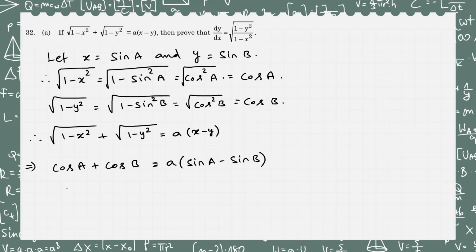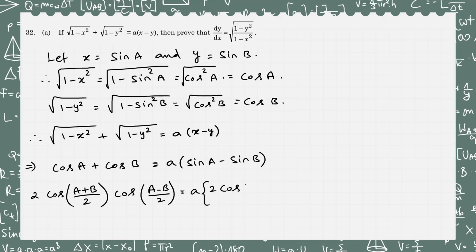So cos A plus cos B will be 2 cos (A plus B)/2 into cos (A minus B)/2, isn't it? And sin A minus sin B will be 2 cos (A plus B)/2 into sin (A minus B)/2.